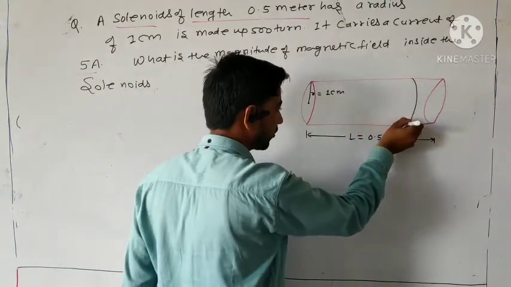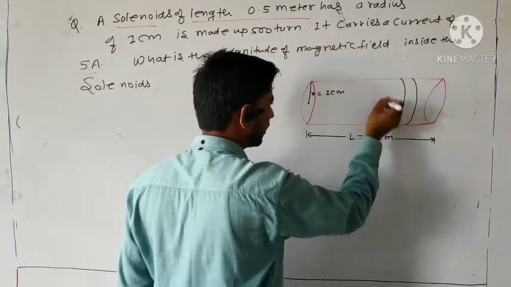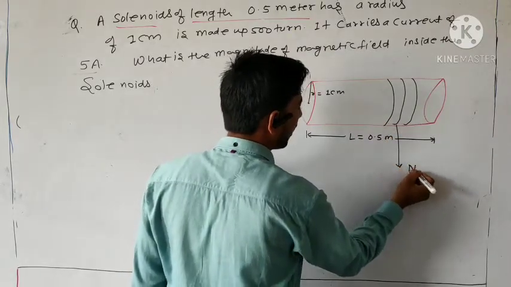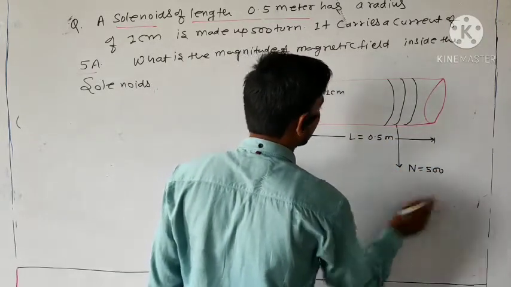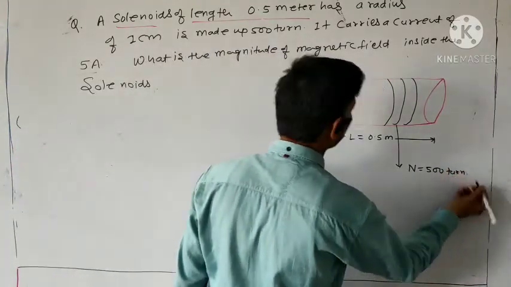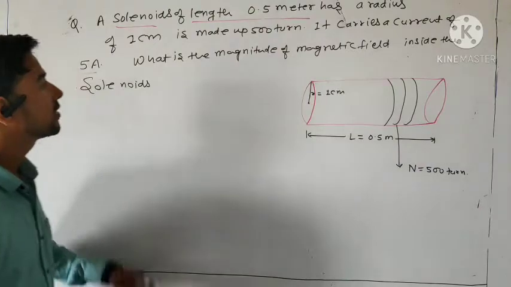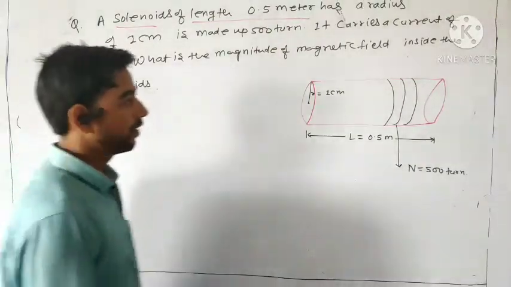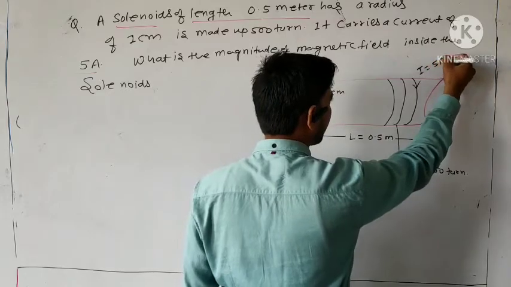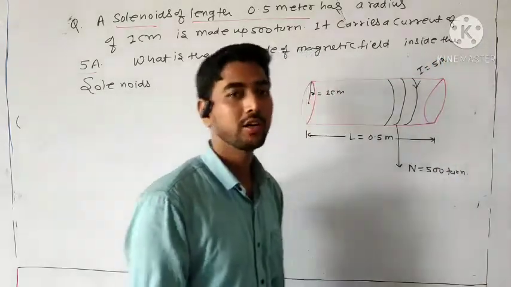You know, a solenoid is made like this by the turns, so the total number of turns is 500 turns of wire, and it carries a current of 5 ampere. In the solenoid, the current flowing is 5 ampere. This is the magnitude of current.